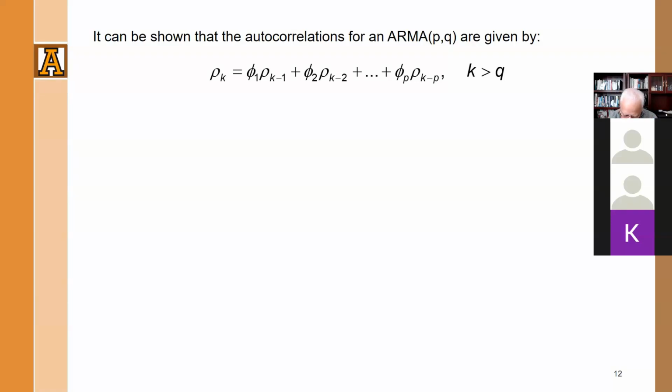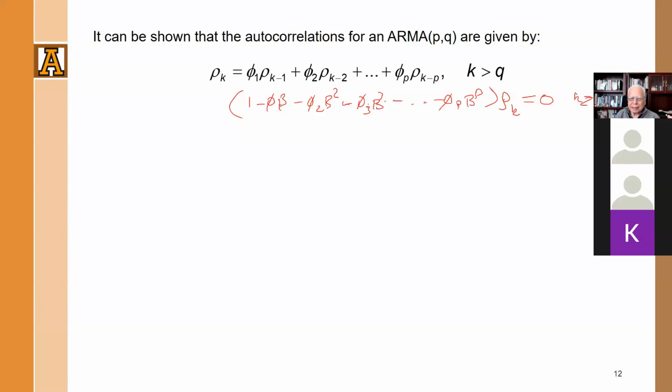That is, 1 minus phi 1 B minus phi 2 B squared minus phi 3 B cubed, up to phi p B to the p, applied to rho k, is equal to 0. That's the behavior for the autocorrelation function for k greater than q, which is what we saw for the ARMA(1,1).